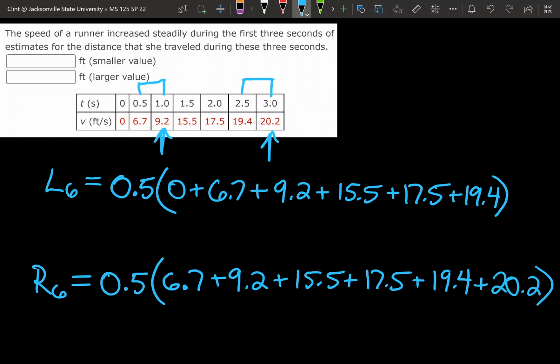Okay, so while we've got it, we might as well figure out what these would be. It's easier to put in the calculator if we have it this way. So 6.7 plus 9.2 plus 15.5 plus 17.5 plus 19.4 times 0.5. This one I get 34.15.